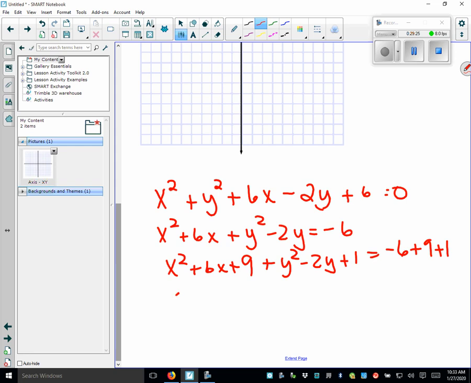Is this x plus 3 squared plus y minus 1 squared equals 4? Right?